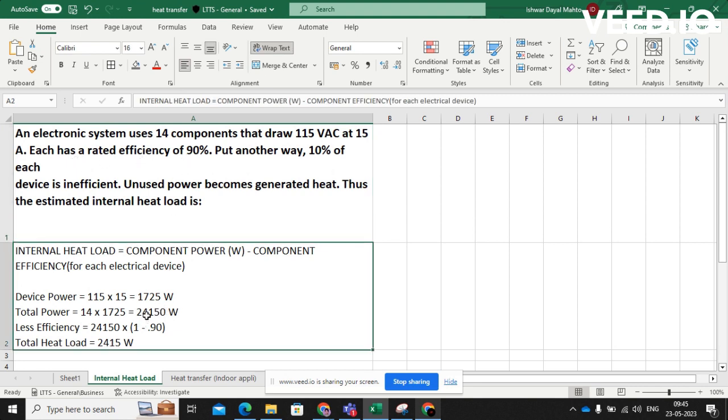That means 10% will be generating heat. So the whole term will be multiplied by 0.1 to get the generated power. So the total heat load comes out to 2415 watt.